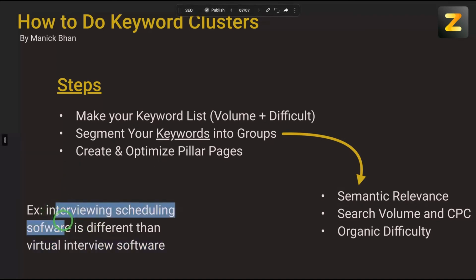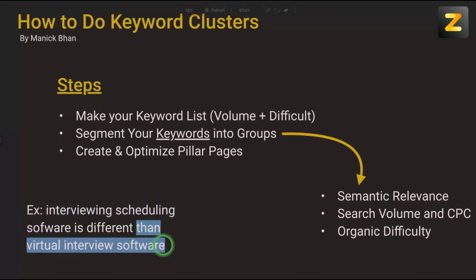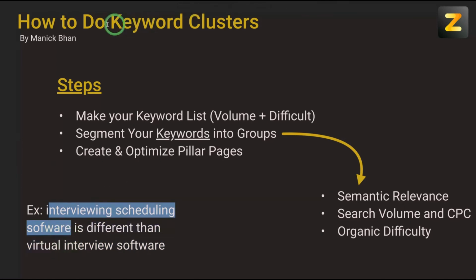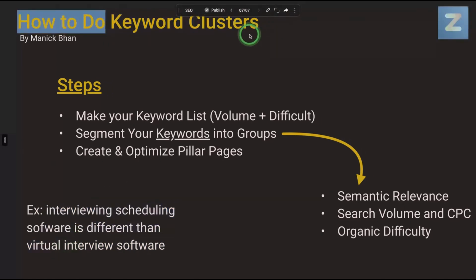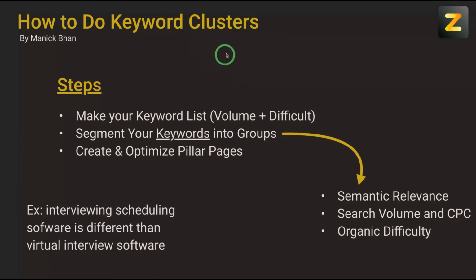There are different kinds of software. Of course, you can have a software that is multitask, but the search intents are different. People are searching here for a software to actually do a virtual interview, and here to schedule the virtual interview. So they can't be in the same keyword cluster because the search intent is different.